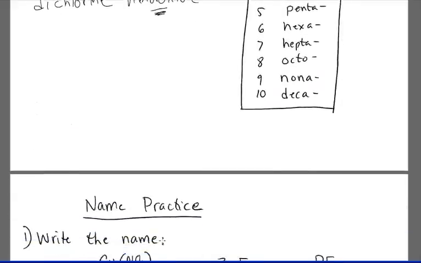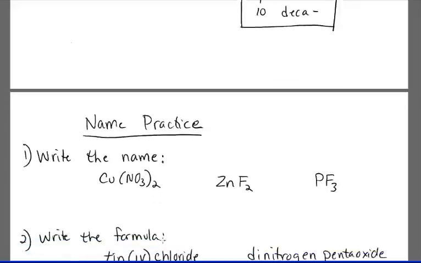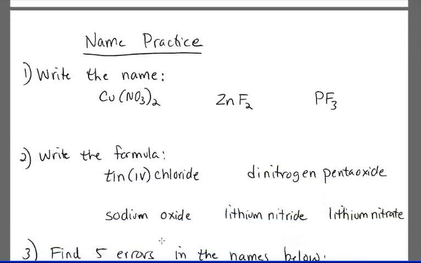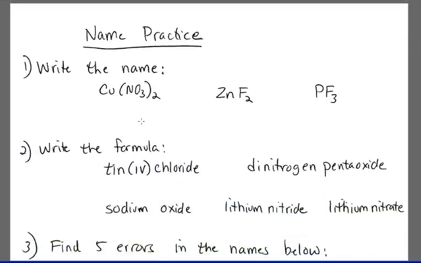Now we're going to need to do some practice so that we can see the difference between ionic and molecular compound naming. So let's practice a few. When you look at a compound, the first thing you need to do is decide which set of rules to use. So look and see if there is a metal. If there's a metal and a non-metal, then that's an ionic compound, and you need to use ionic rules. So this first one has a metal, copper.